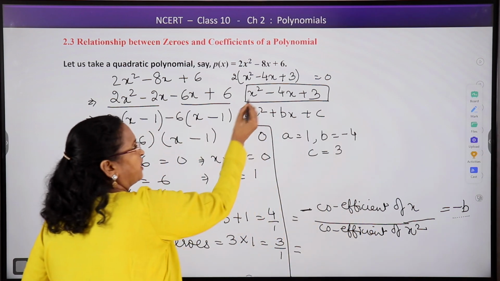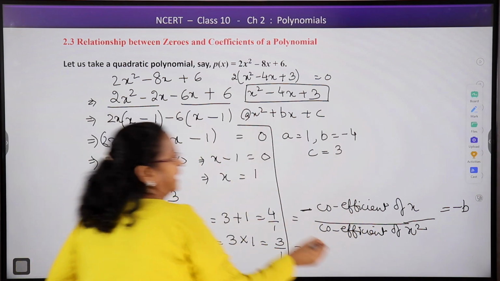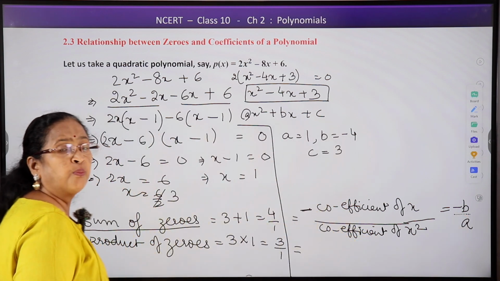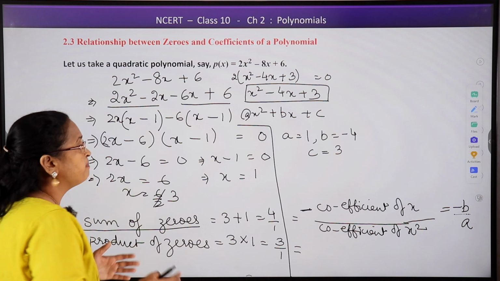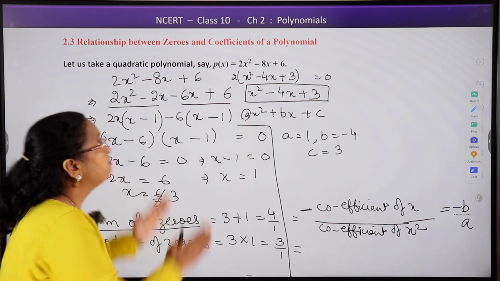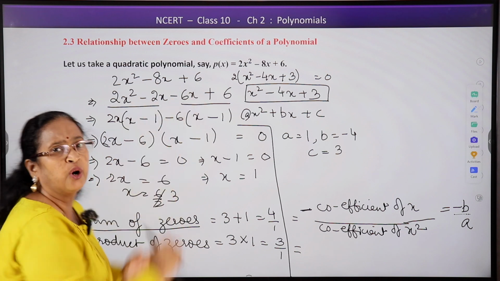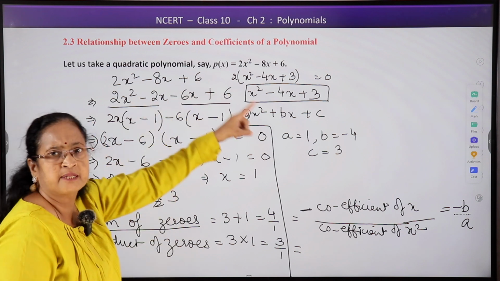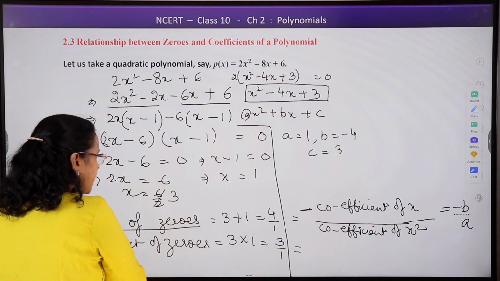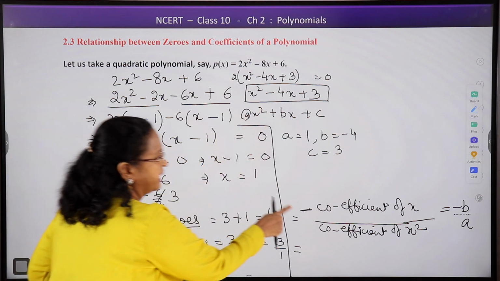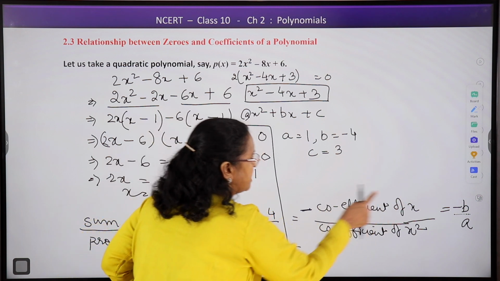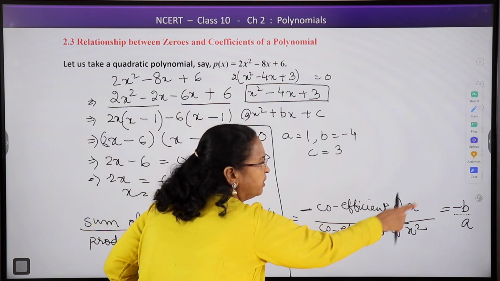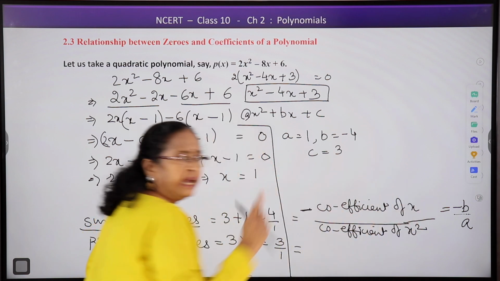What is the coefficient of x square in general? A. Minus b by a. So what do we get? The first relationship between the zeros and the coefficients of the given polynomial 2x square minus 8x plus 6: sum of zeros is minus coefficient of x by coefficient of x square, that is equal to minus b by a.